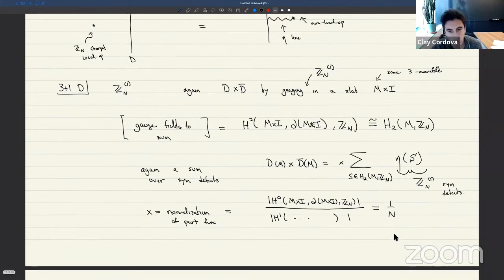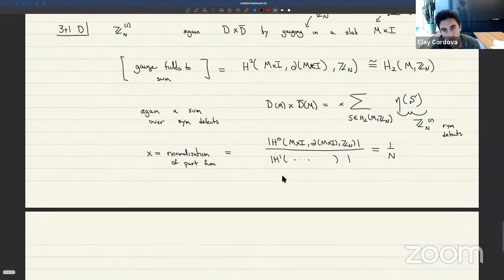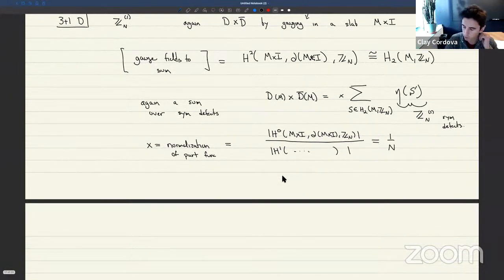So Jacques asked me before, how do things depend on the manifold that everything is on? We can see that if we summarize the fusion algebra.